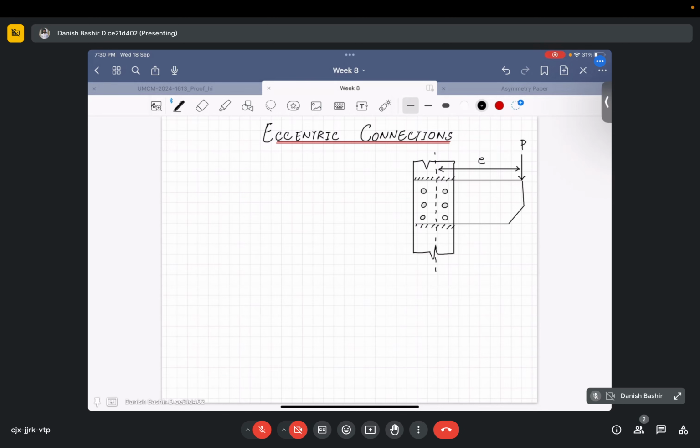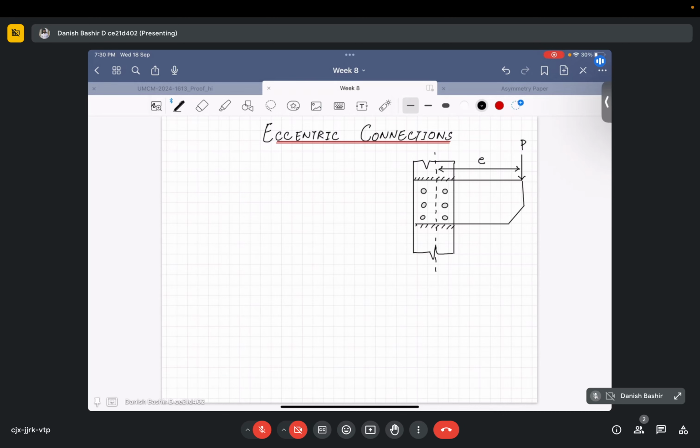When we have connections like this, the load is not acting through the axis of the member. Rather, the load is being transferred through the joint along with some eccentricity, and we call such connections eccentric connections. The design of eccentric connections is totally different from connections without any eccentricity, where the formulas were pretty simple.